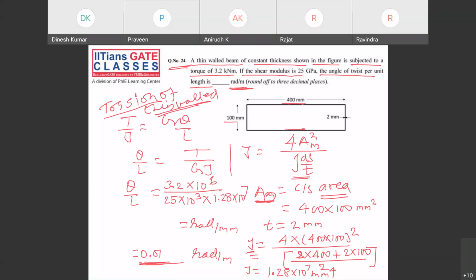In fact, the GATE 2021 question was from torsion of thin walled, but it was lengthy. It was not tough. Otherwise, that question was easier than others, like shear center problems or unsymmetrical bending questions, if you take textbook questions.